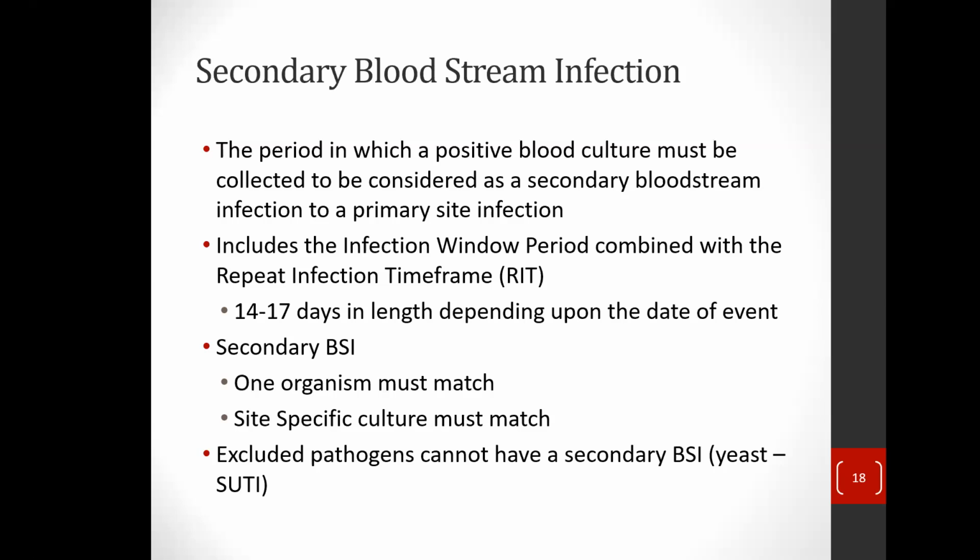It includes the time frame of the infection window period plus the repeat infection time frame, so it can be anywhere from 14 to 17 days. To have a secondary bloodstream infection, 1 organism must match. So you have to have a blood culture and a urine culture that match. And it does not, again, include any of those excluded pathogens.